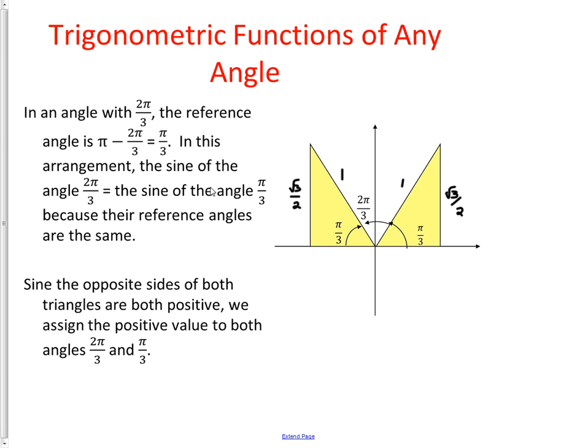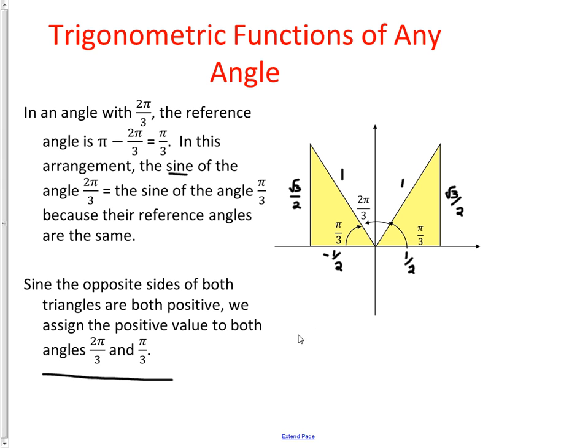Now, because it's sine, that's important. In sine, we don't care that the adjacent side is positive 1/2 and that the adjacent side over here for 2 pi over 3 is negative 1/2. Since both of these are positive, then we can say that 2 pi over 3 and pi over 3 are two angles whose sine is radical 3 over 2.